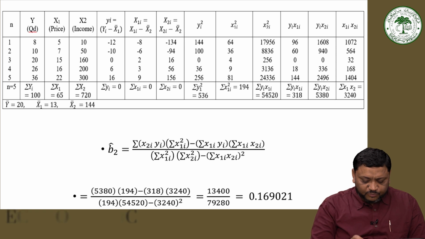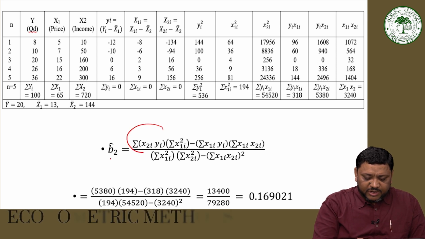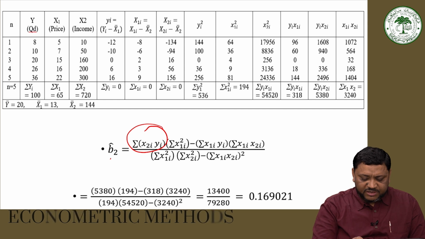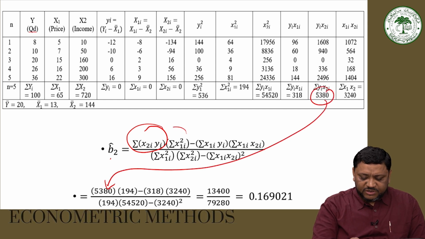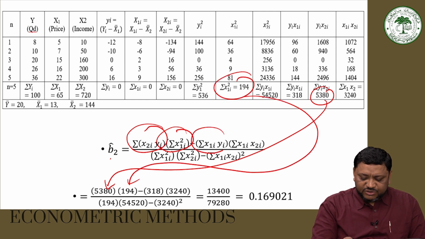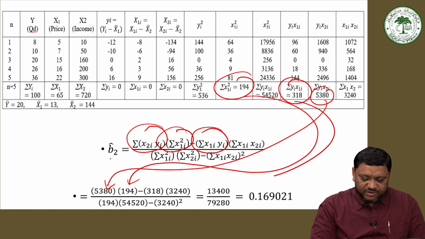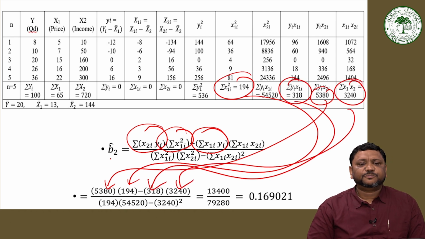Next time, for B2, x2 y1 means we take this value. For this, it is 194. We take this value. For x1 y1, we get this value. For this one, we get this value.